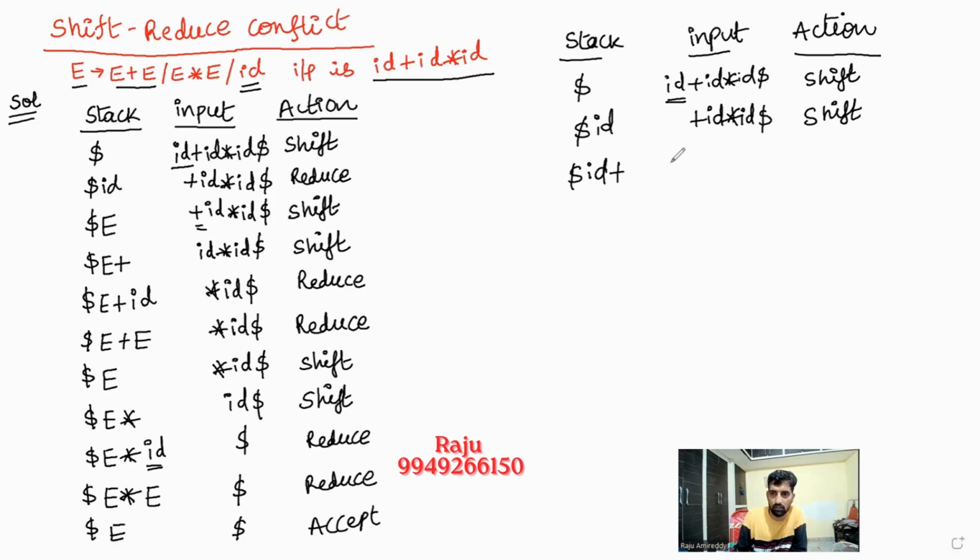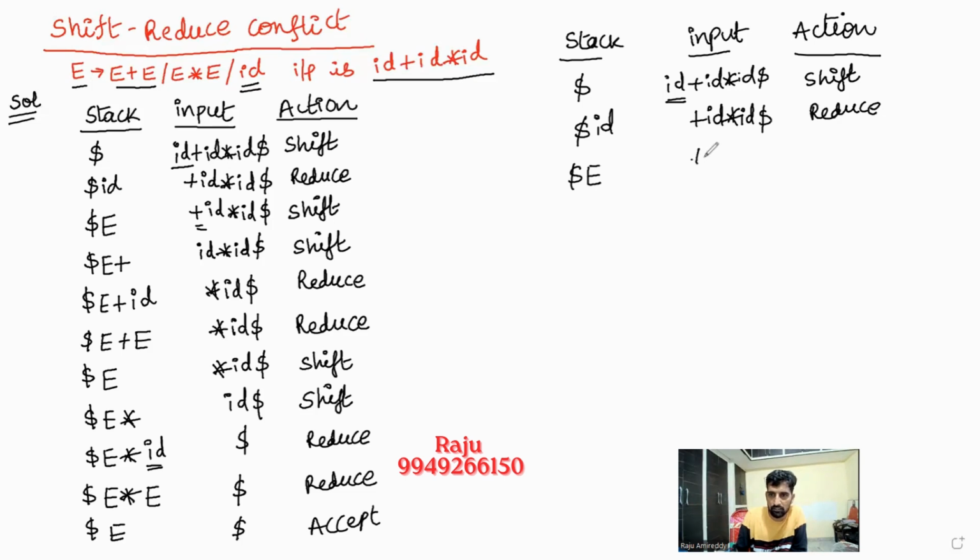Next, ID. Here we can write E. Instead of shifting, it is better for ID to be replaced with E. This is called reduce.